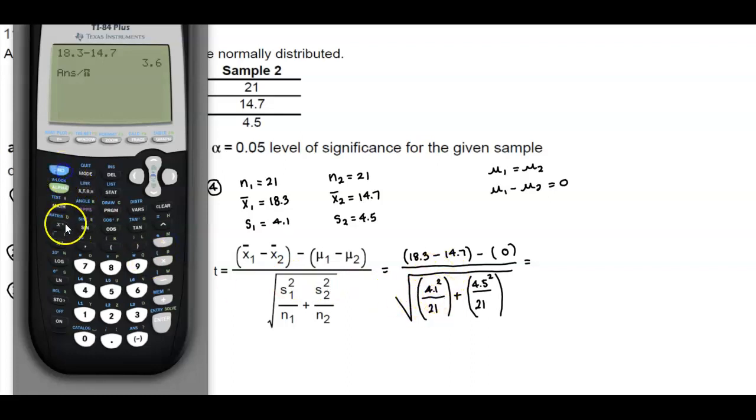So we hit second square root. In the first part, we put parentheses, 4.1 squared, divided by 21, and then plus 4.5 squared, also divided by 21. Close the parentheses, hit enter, and then copy that number.